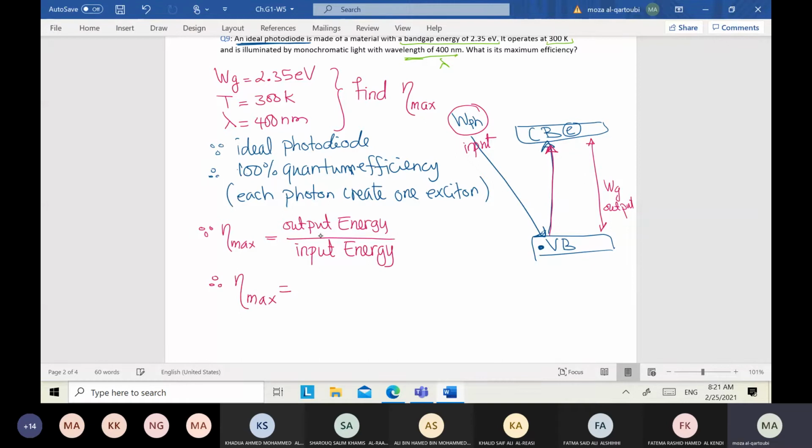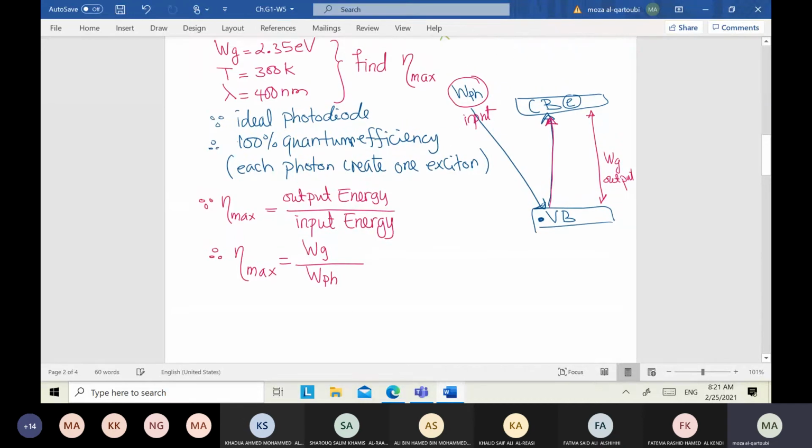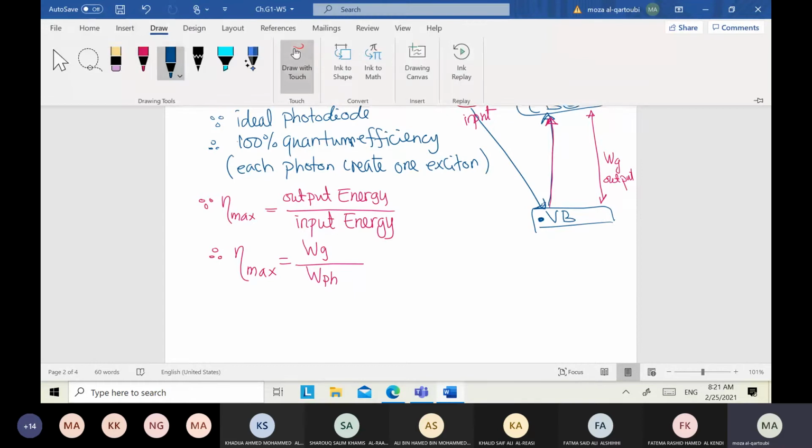Wg is given directly, but in electron volt, so it should be changed to joule. When finding output to input, the same unit should be used. And for the energy of photon, we know from the previous question how to find it.